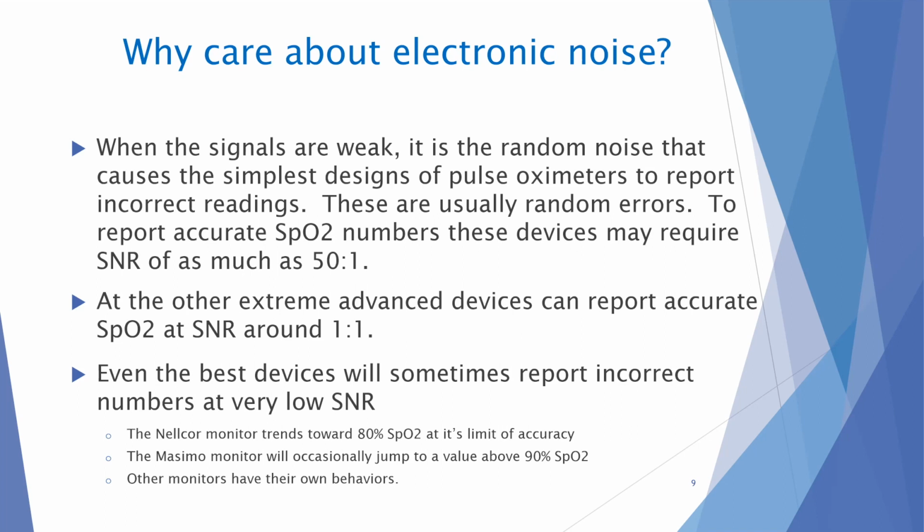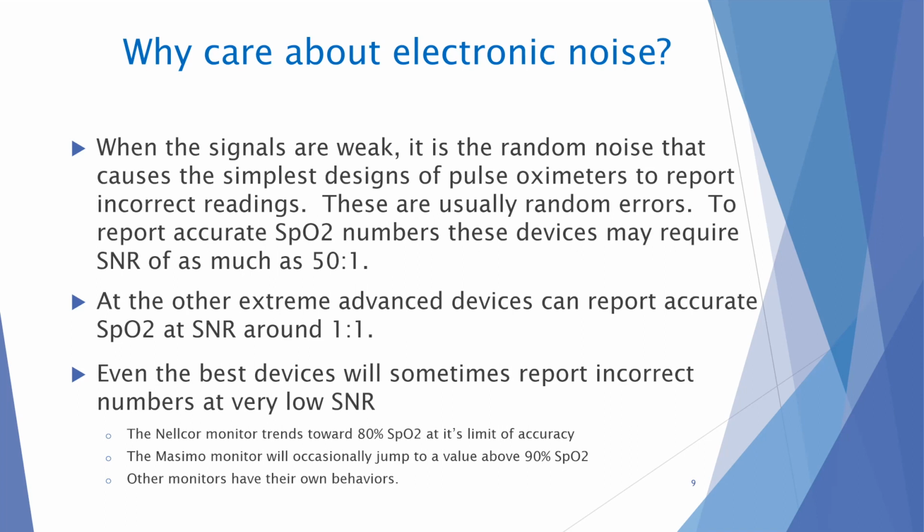And at the other extreme of this world, advanced devices like Masimo and Nellcor can work quite well at signal to noise ratios of 1 to 1, which is why they're accepted clinical devices, and why they're used in hospitals: they actually justify their high prices with better performance.